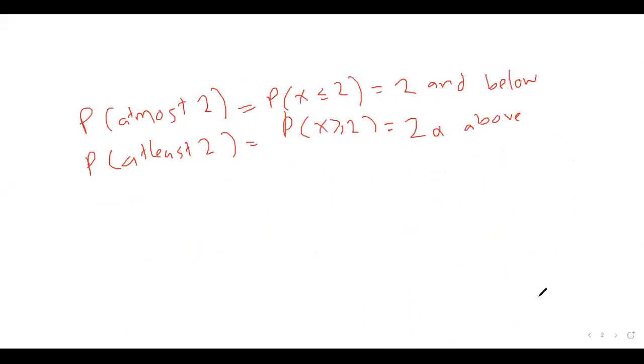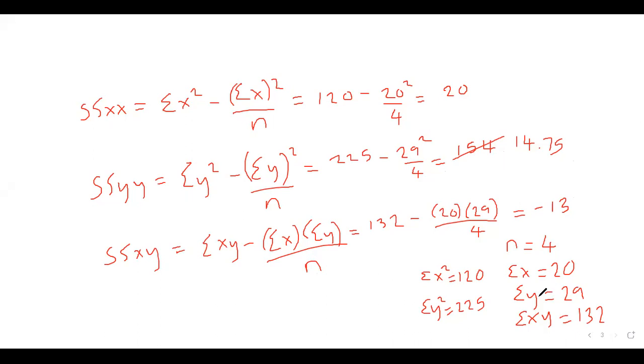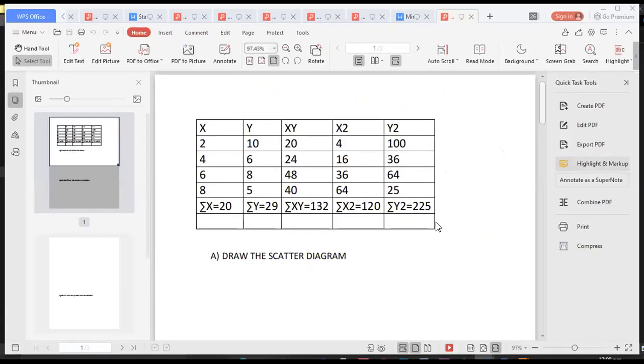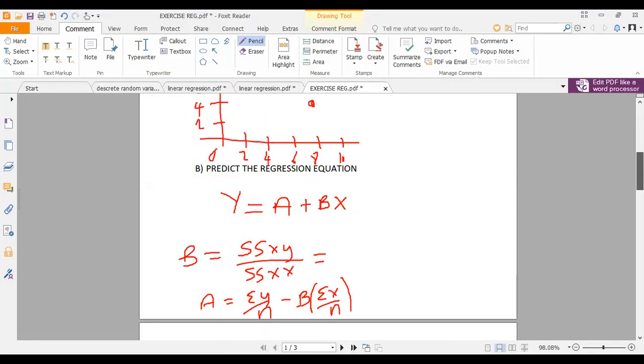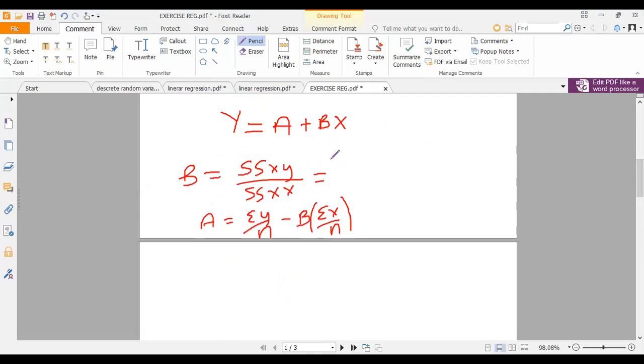So we will substitute to find our b. B is negative 13 over what? xx.